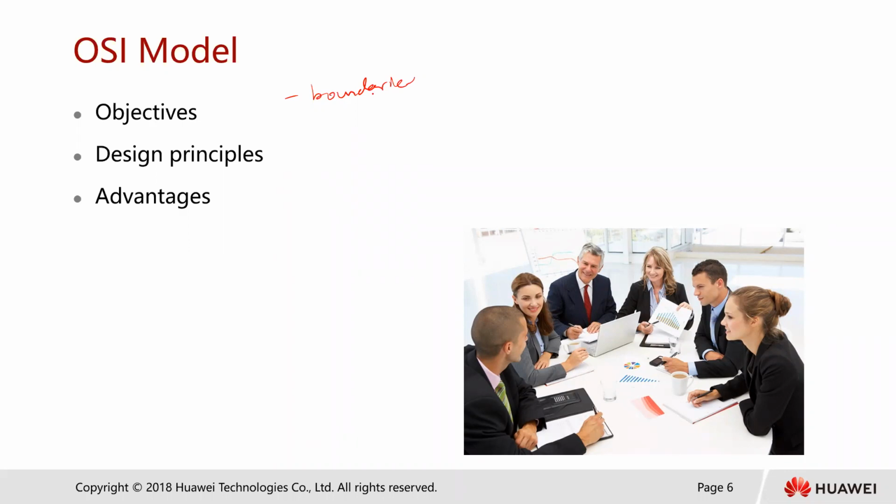So each layer works, and even in the process of functioning, it does not affect any other layer in any way. And each layer is a service provider and a service user. They both serve each other. Layer 1 will serve layer 2, and at some incidences, layer 2 will also serve layer 1. Those are some of the principles that we were talking about.